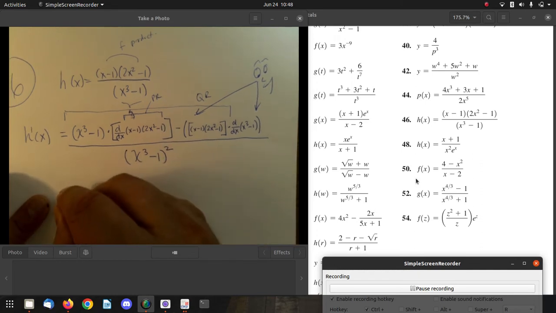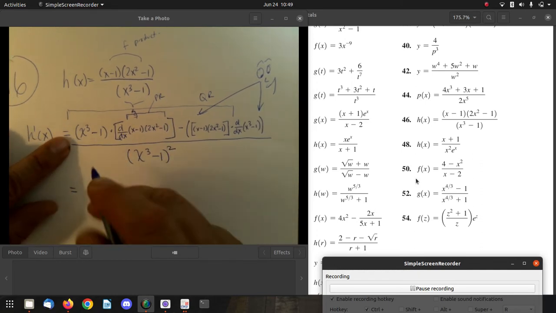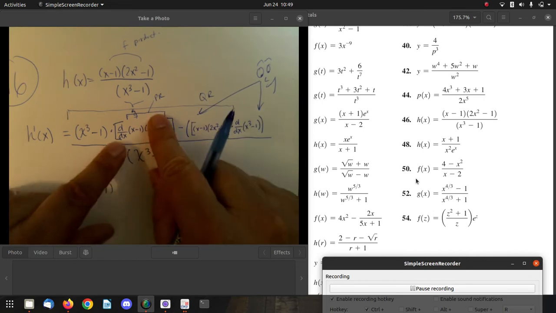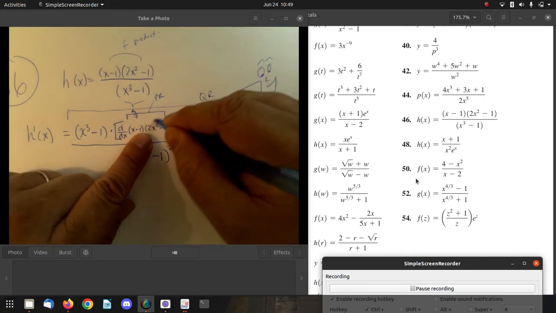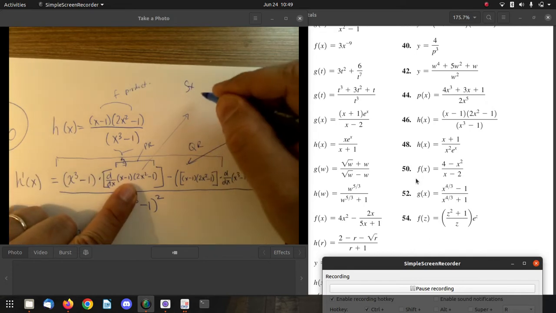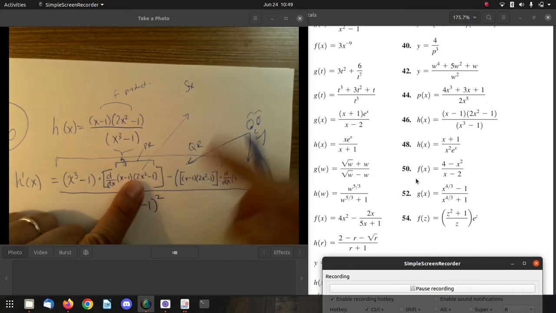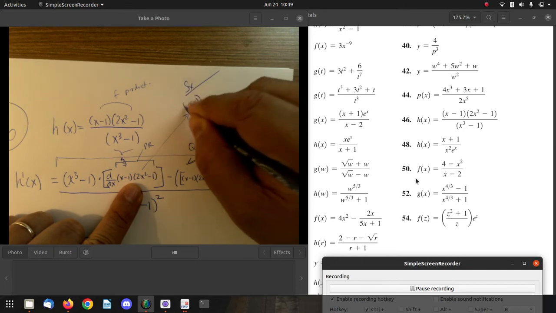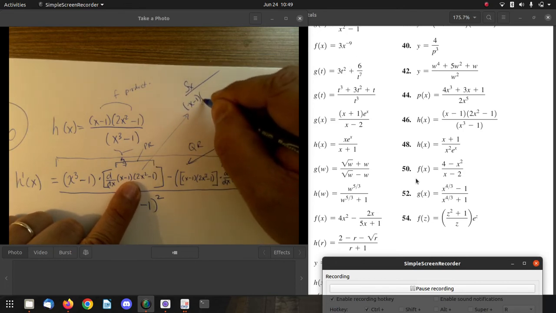So that's what I get. Now I'm going to drop down my x cubed minus 1. And now I need to figure out what it's going to get multiplied by. Well, it's going to get multiplied by this guy, which I'm going to do up here in scratch paper. So scratch paper for the derivative of the numerator. The derivative of the numerator is going to be x minus 1, first one times derivative of the second one.